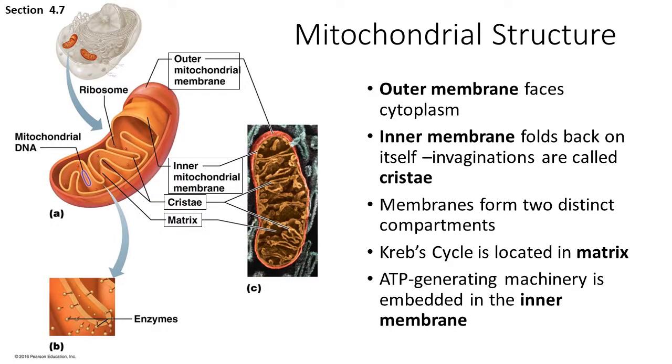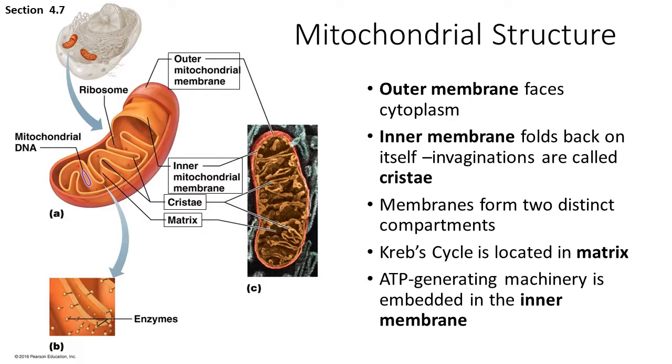The mitochondrial structure is like that of the chloroplast, a double membrane system where the outer membrane faces the cytoplasm and the inner membrane folds back on itself into invaginations called cristae. These membranes allow for two different compartments to be distinct within the organelle.